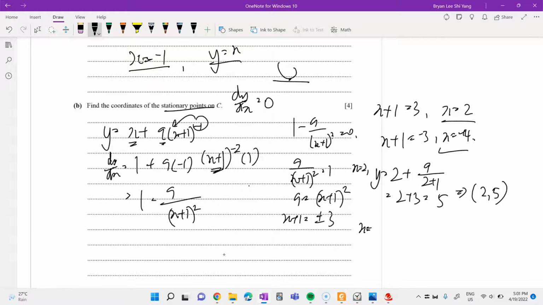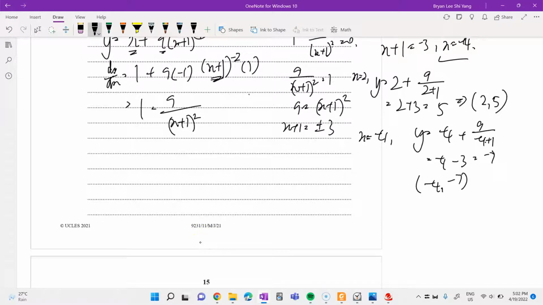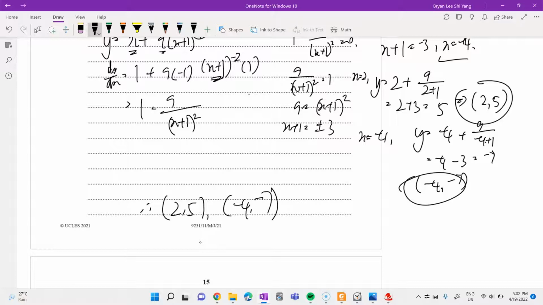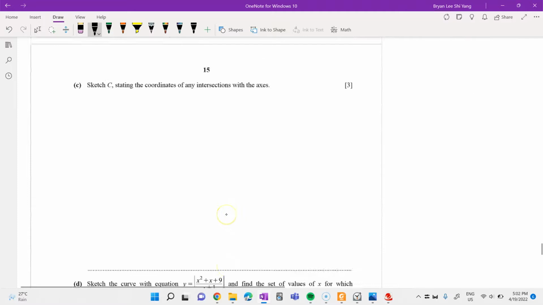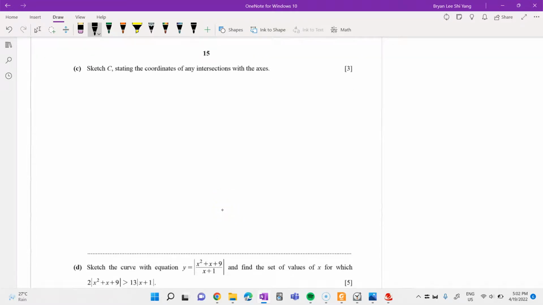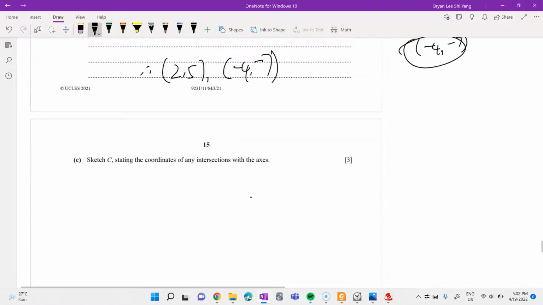Now, the second one, x equals -4, y equals -4 plus 9 over -4 plus 1, equals -4 minus 3 equals -7. So (-4, -7). These would be the two stationary points. Voila. Then we also have the sketch of C, stating the coordinates of any intersections with the axes.